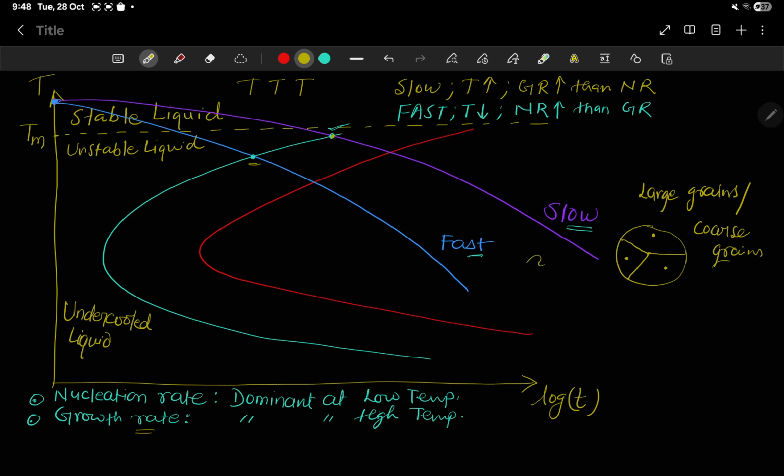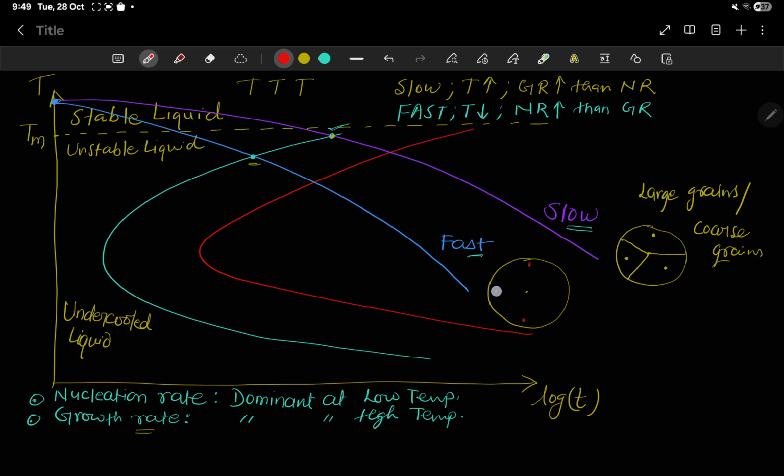For this fast cooling, how we will get, let's draw this. This is just the center, okay? This is not nucleation. Now let's draw the nucleation sites.